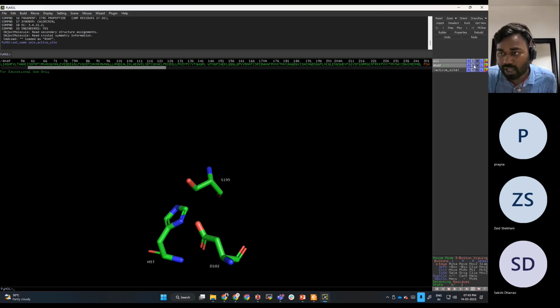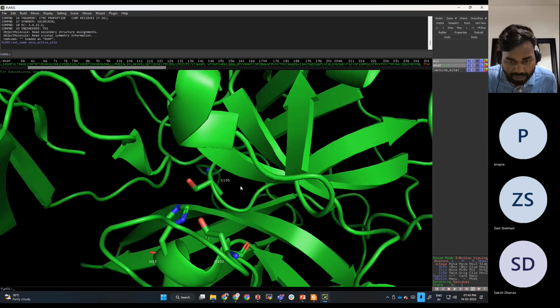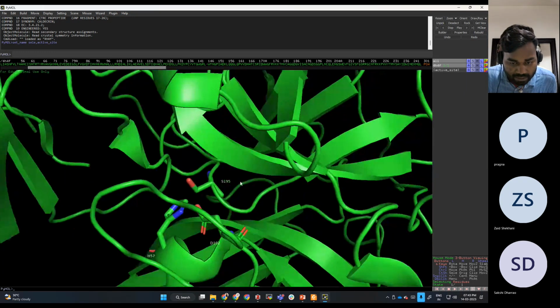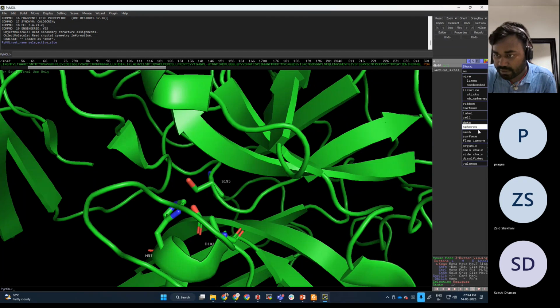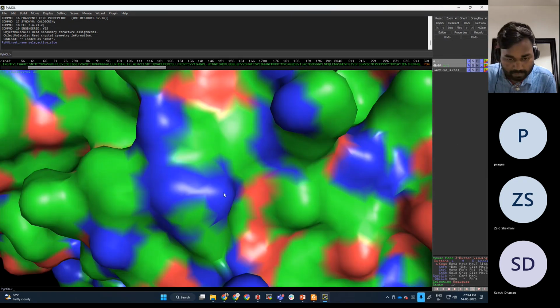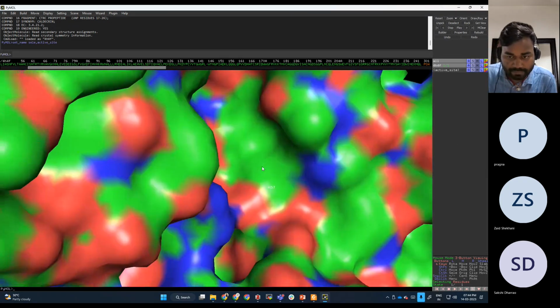Now we will show the complete structure as cartoon, and then we will see where it fits. And then we will show this as a binding pocket, as a surface.